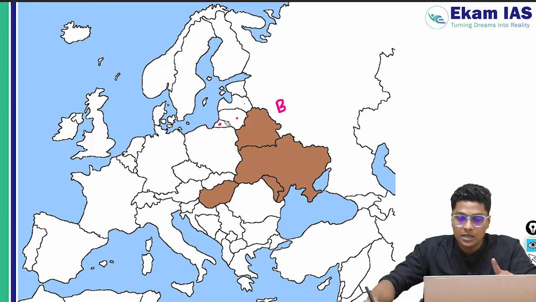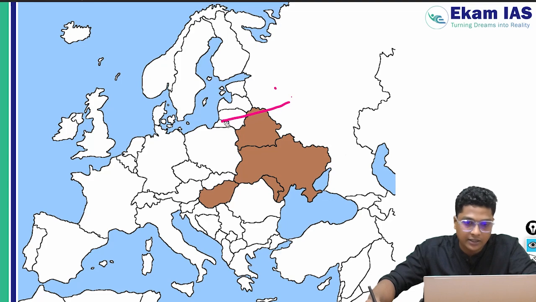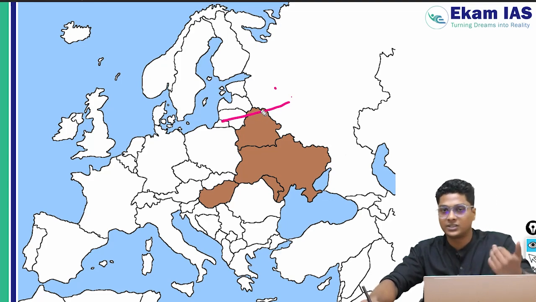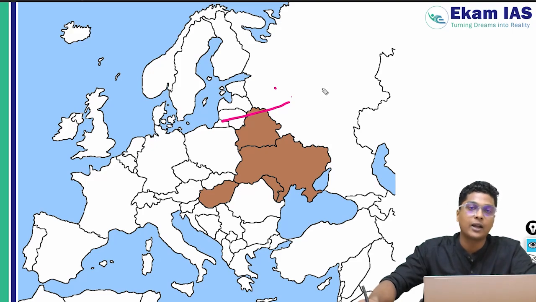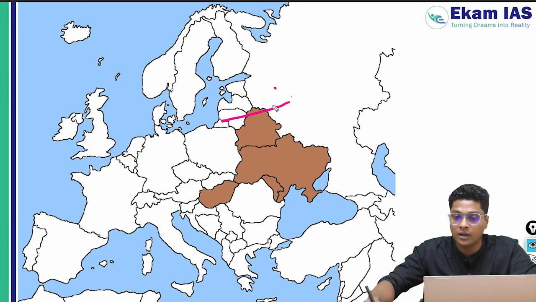So for Russia, it has to depend on Lithuania to transport. So this transit, the connection between Russia and Kaliningrad, is through Belarus. Definitely Belarus is an ally, no issues there, but Lithuania is not a full-time ally of Russia. So here we have the rail route through to Kaliningrad.